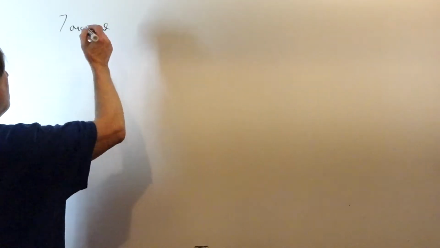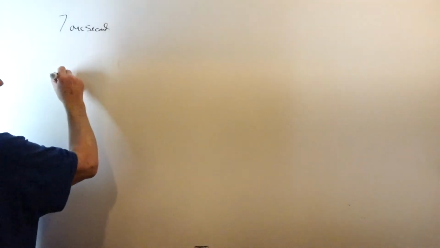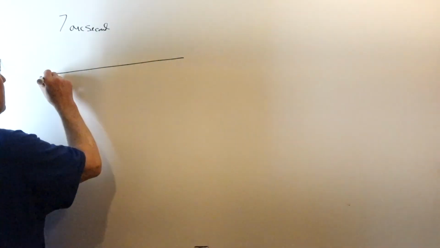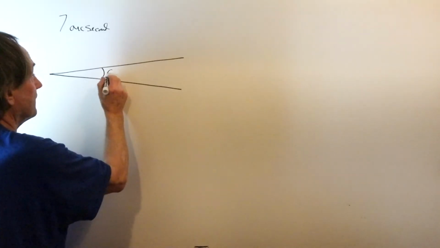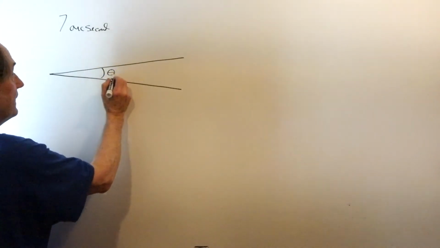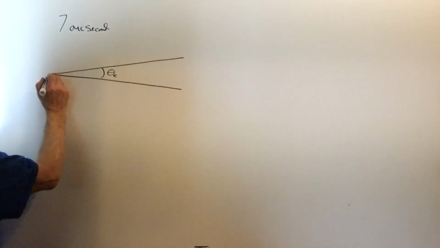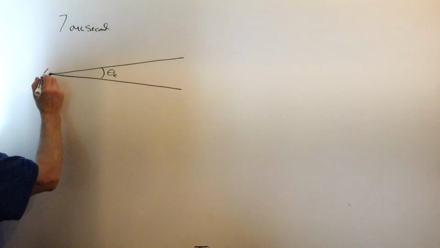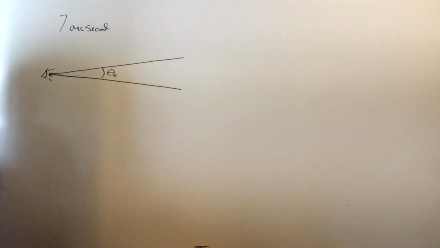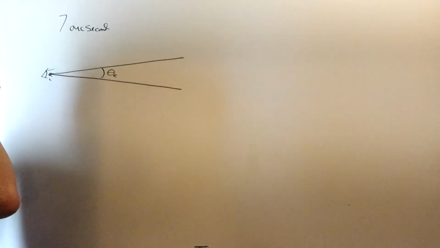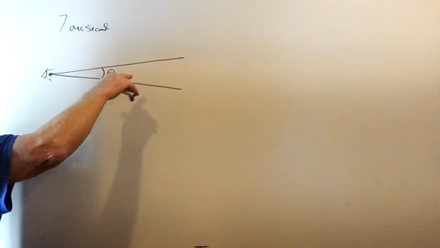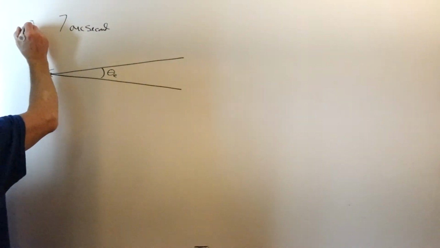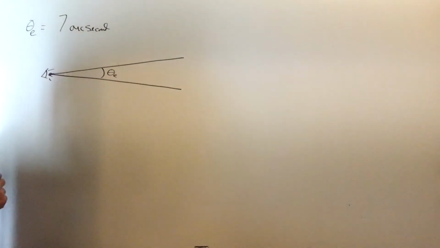If you recall that if we're looking out with a certain angular error, let's call it theta E, from a point, this is our observation, we're looking out here, and we have an uncertainty of theta E in our angular measure, which our theta E in this case is 7 arc seconds.